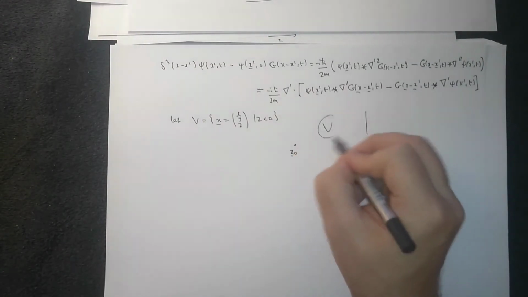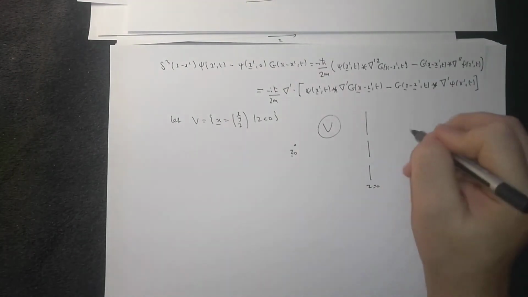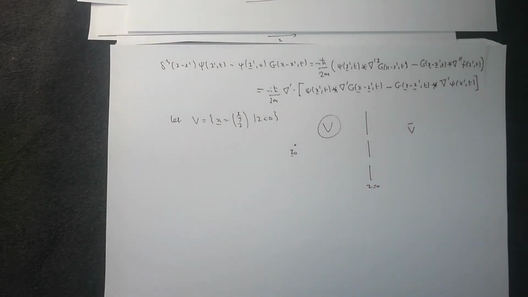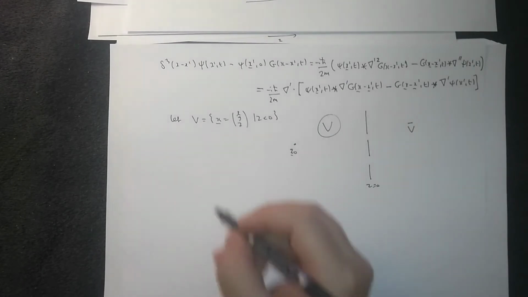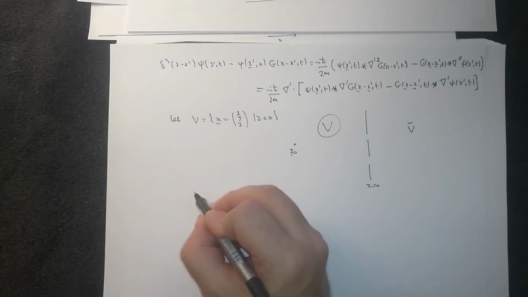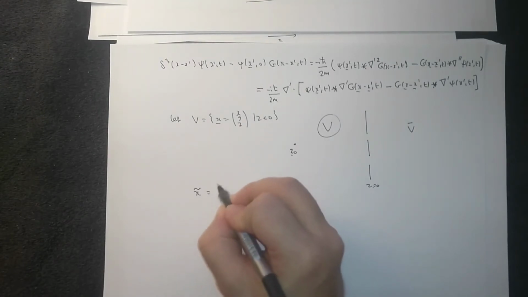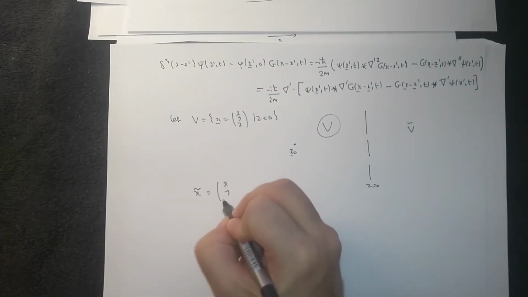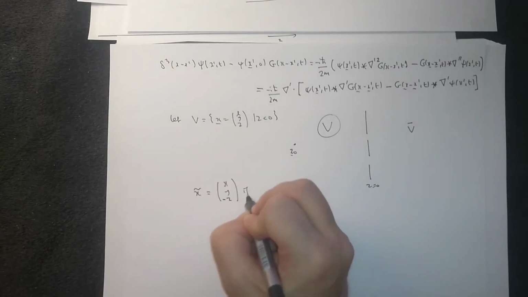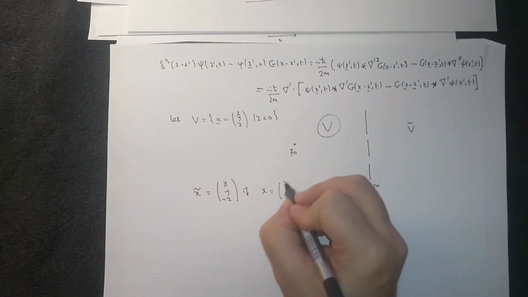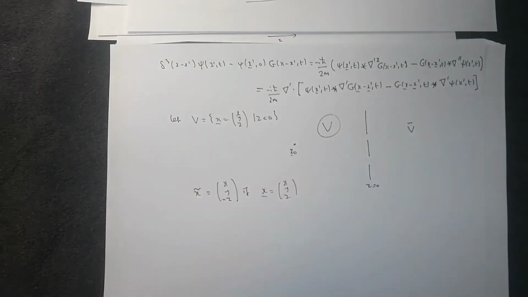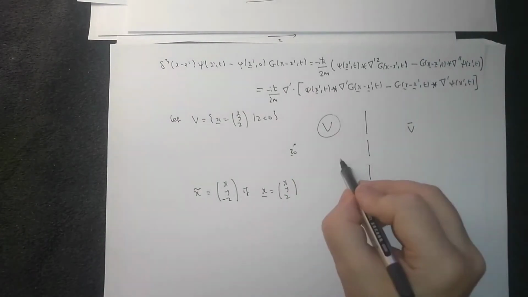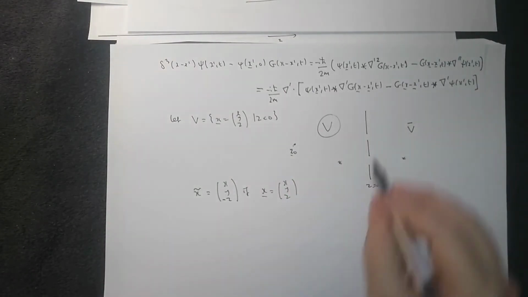So this region is V. And that region we're going to take to be V bar in a second. Let us define x tilde to be x, y, minus z if x is x, y, z. So it's just reflection in the barrier.